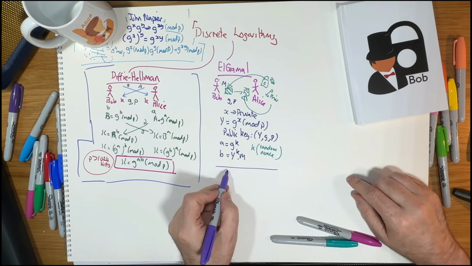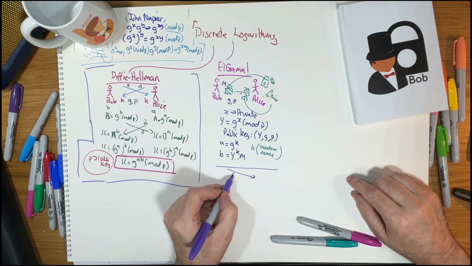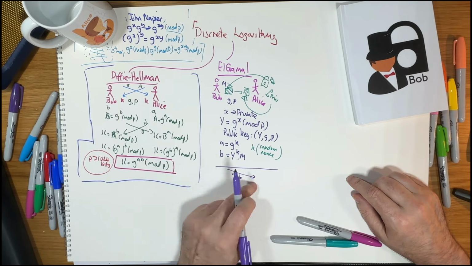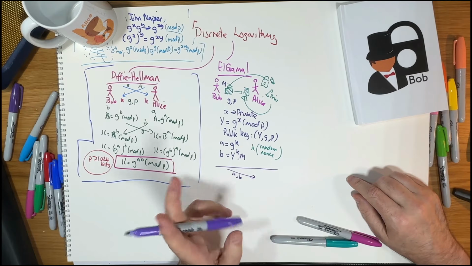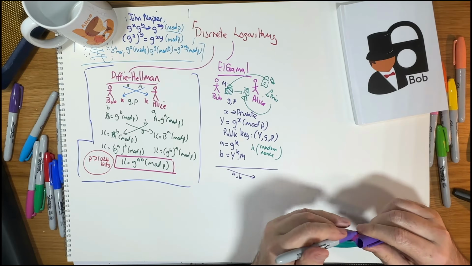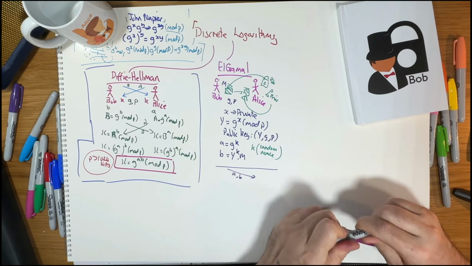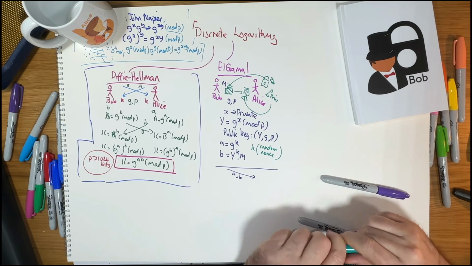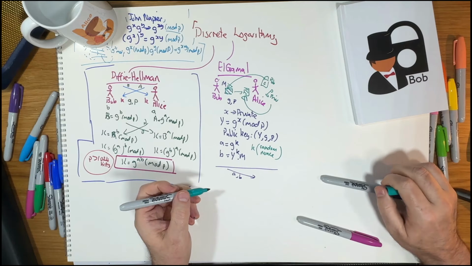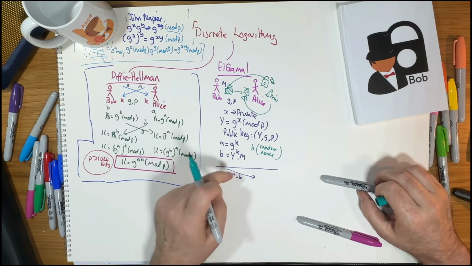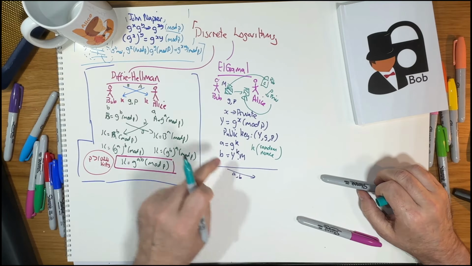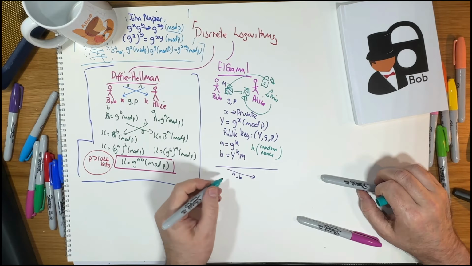So then Bob sends the values of a and b over as encrypted values to Alice. Now she needs to use her private key to be able to recover the message, which is obviously m here.